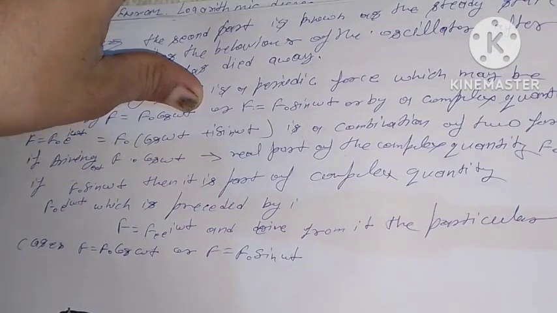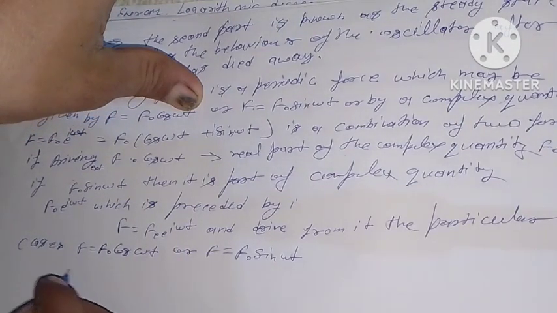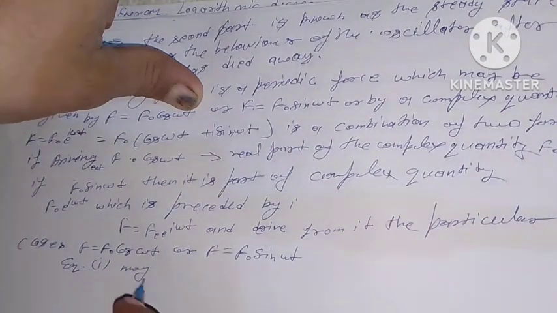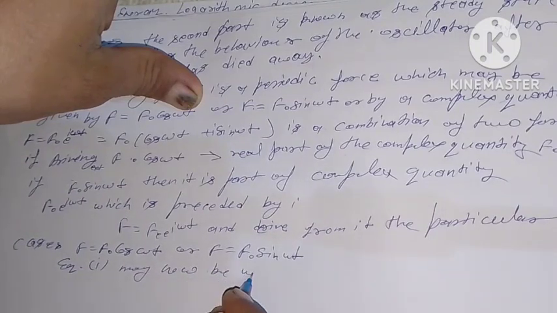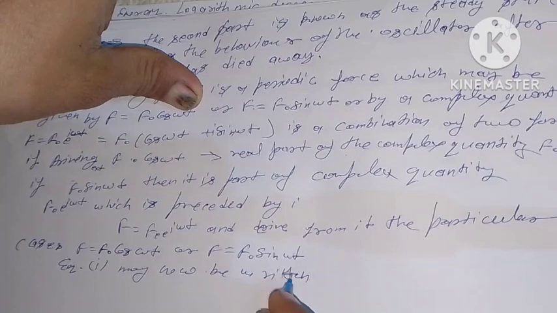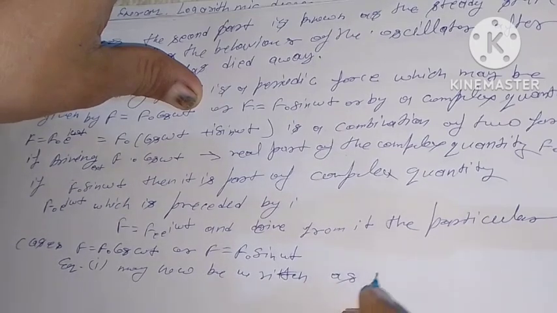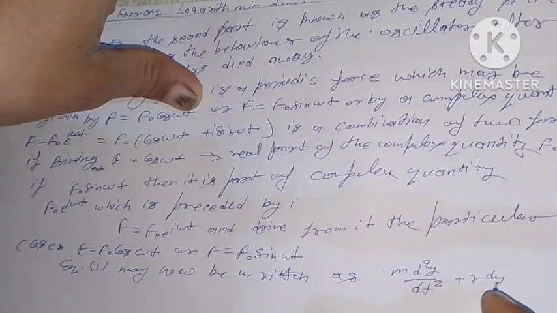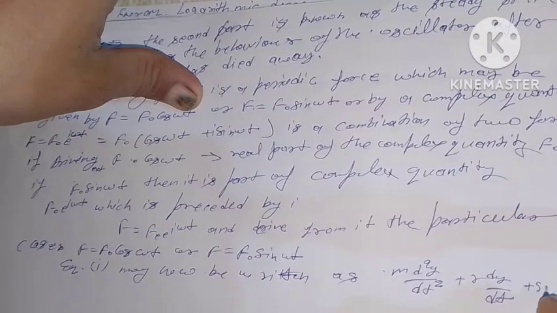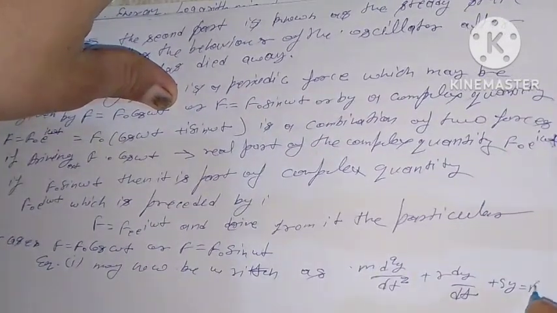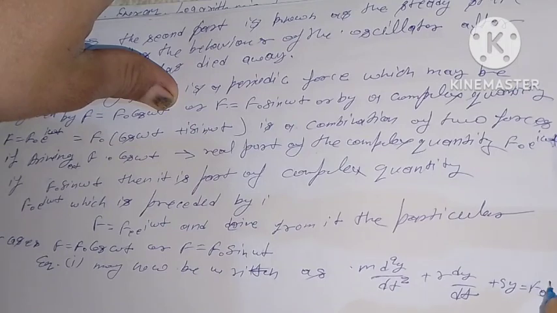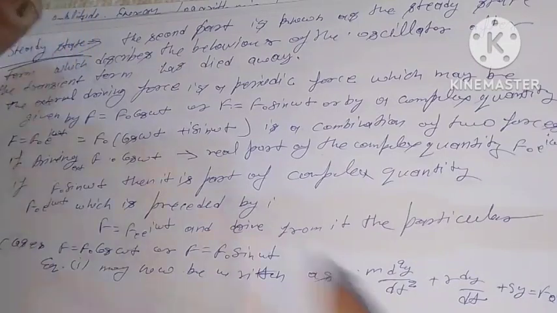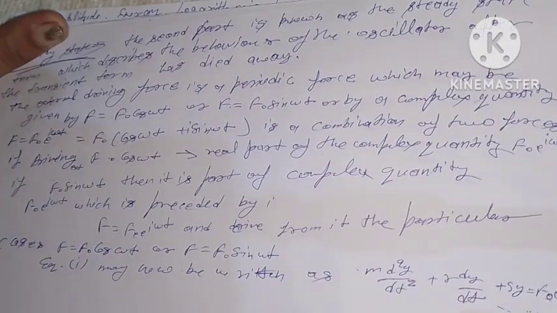The first equation may now be written as m d square y upon dt square plus r dy by dt plus s y equal to F naught e to the power i omega t. This is equation number 3.